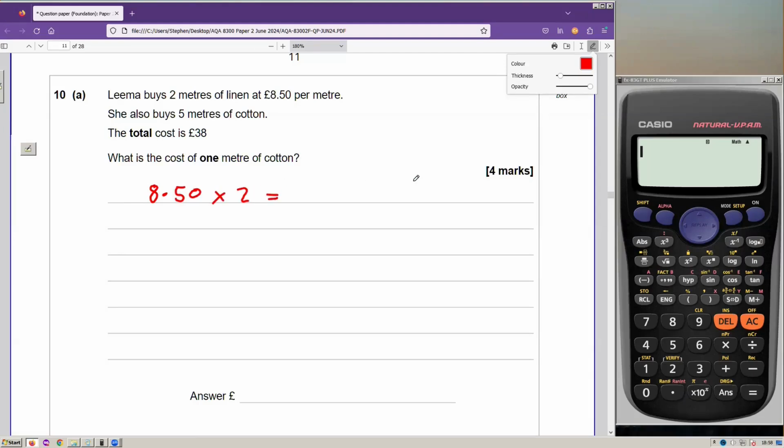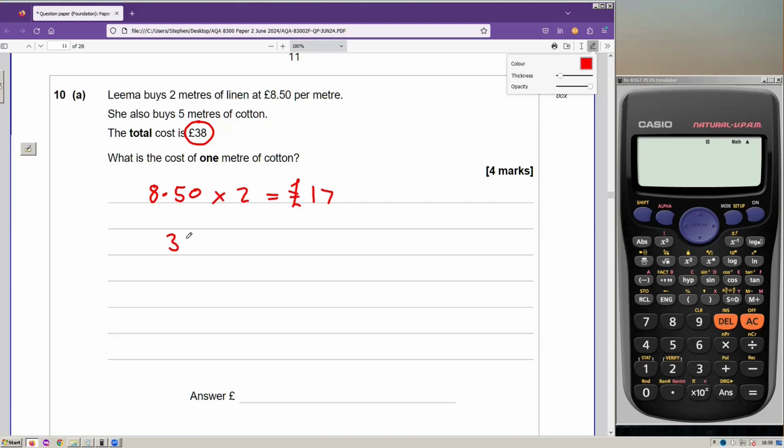This is how we get our first marks, 4 marks. So let's do this one first. You can use the calculator, but 2 8s are 16, and we're going to have to add another one on. That's going to be £17. Okay, that's the linen. The total cost, she buys 5 meters of cotton. The total cost is 38. So let's take the cost of the linen off of this, and we're going to find out how much was spent on cotton.